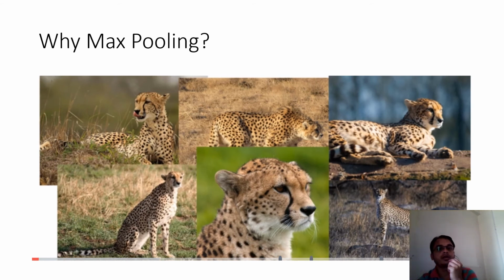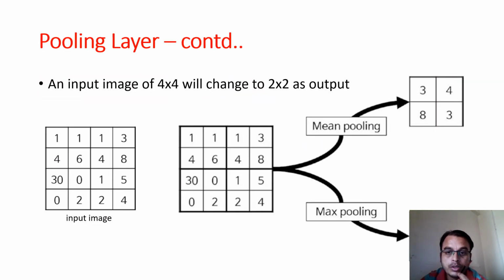If you look carefully at these images, I can immediately tell that the lines near the eyes are the key highlighting points to identify these images of the cheetah. Hence, I will simply map these points together and pool these features together. So this is the simple example.